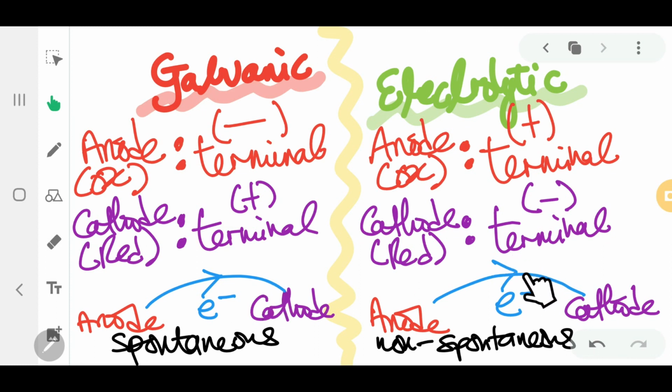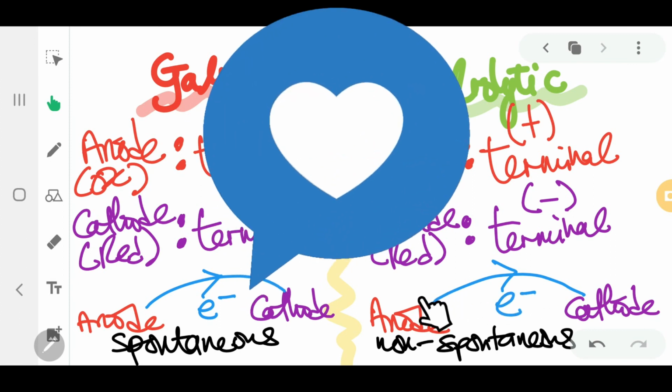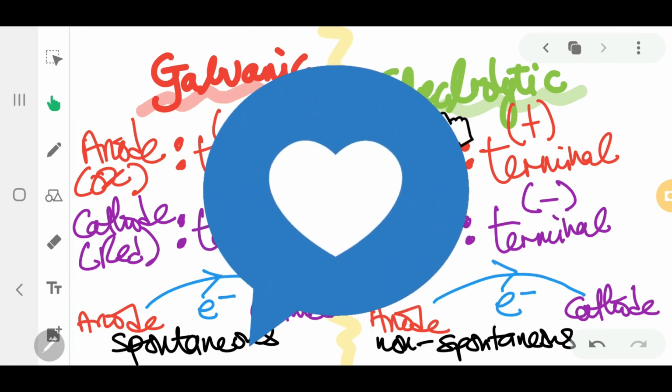On the other hand, getting the electrons to flow from anode to cathode in an electrolytic cell is non-spontaneous. So you have to supply some amount of electrical energy so that the electrons are able to jump from anode to cathode in the electrolytic cell.